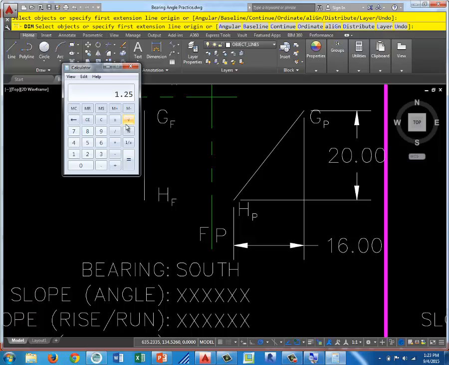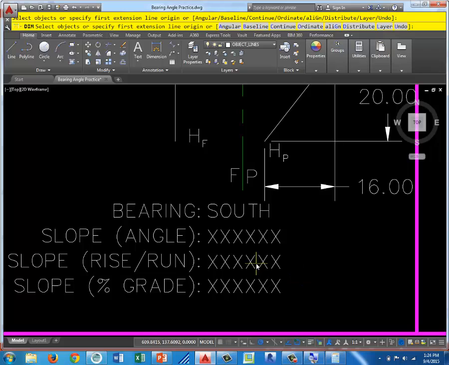I did just jump over the angle. I'll come back to the angle since I already started this. Positive or negative? Does it go from G to H? Am I going up towards the horizontal plane or down away from the horizontal plane? Negative. So I'm going down away from it. So negative 1.25 would be my slope.